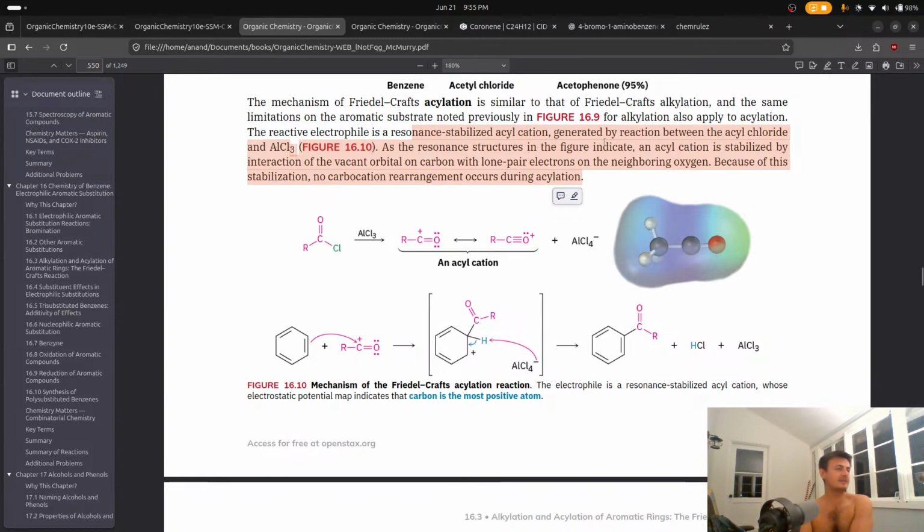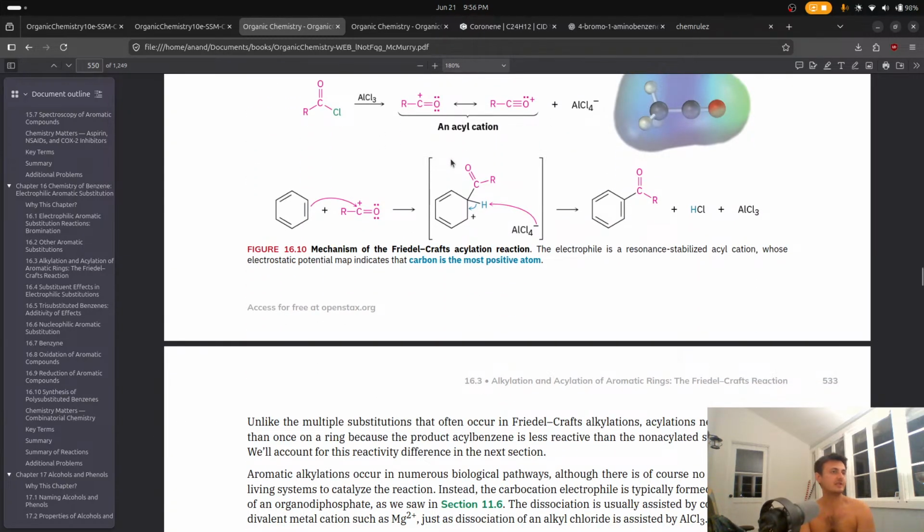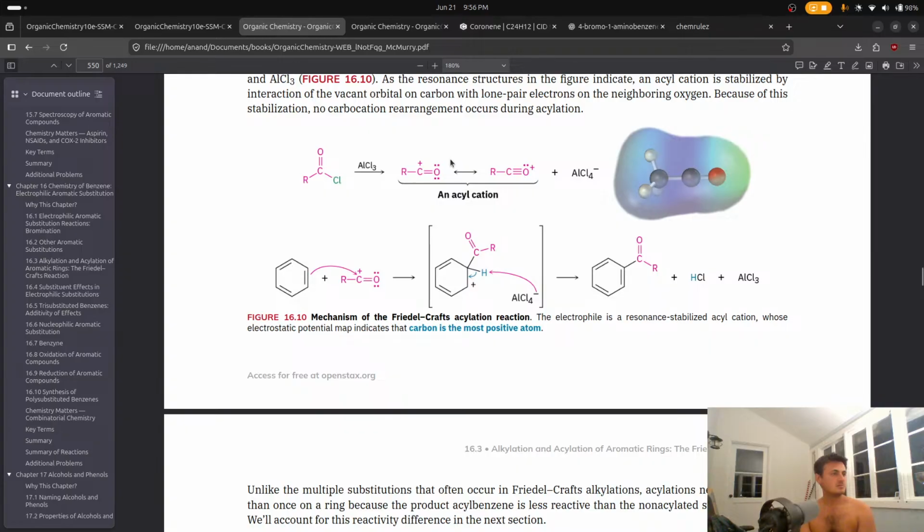So I think probably the main thing to remember that's a little niche is that no carbocation rearrangement happened. But honestly, for that to be asked, it's pretty niche. Oh yeah, plus HCl plus AlCl3.